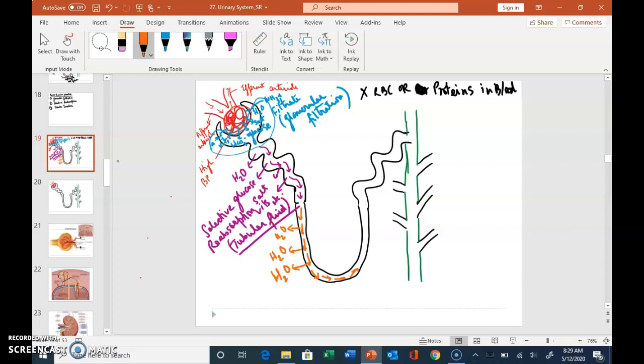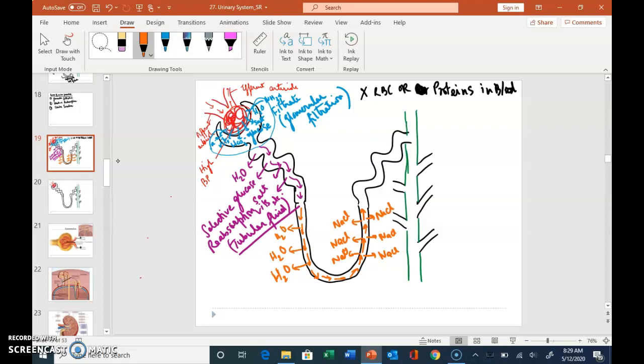Now, the fluid moves back up via the ascending limb, and the ascending limb is permeable to salt, only salt. So at this point, salt is being reabsorbed back. So think of it.